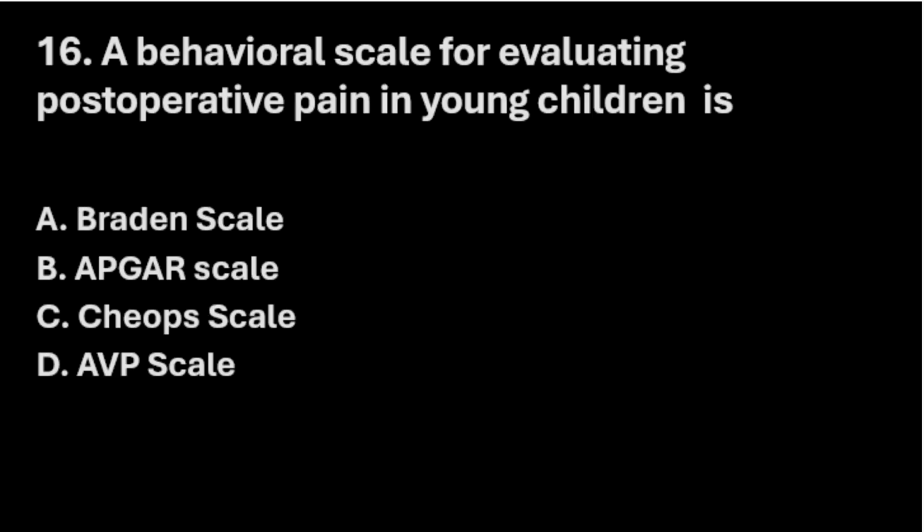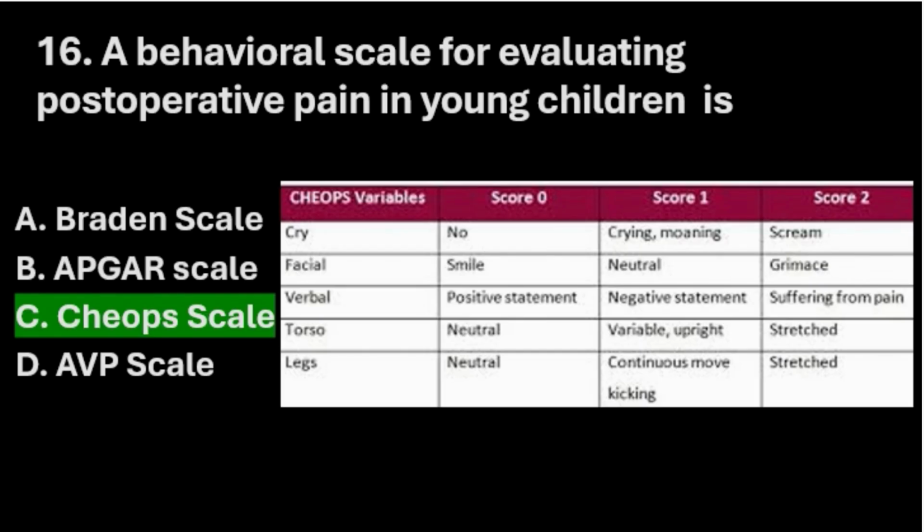Next question. A behavioral scale for evaluating post-operative pain in young children is option A, Braden scale, option B, Apgar scale, option C, CHEOPS scale, and option D, AVPU scale. The right answer here is option C, CHEOPS scale.